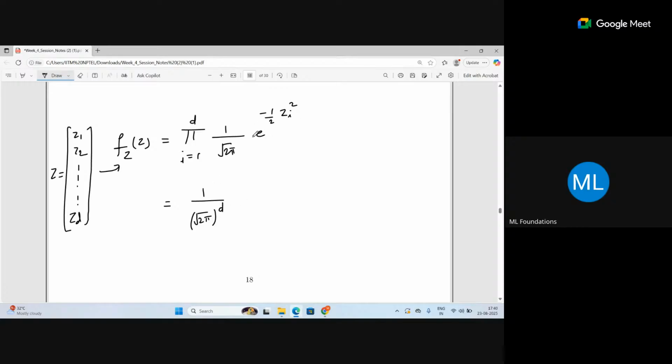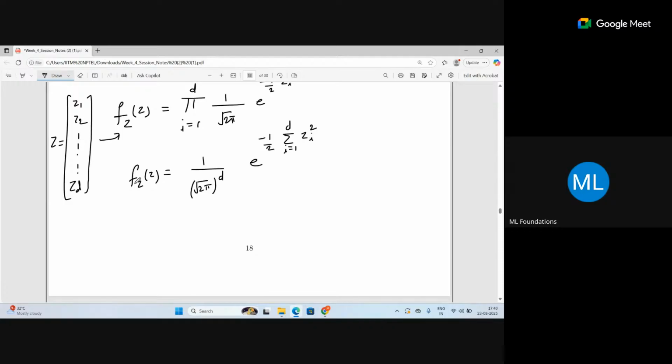And here, what will happen to this? It will be a summation. So it will be minus half summation of i equal to 1 to d zi square, right? That is the product. So that is going to be my joint density of this multivariate standard normal.